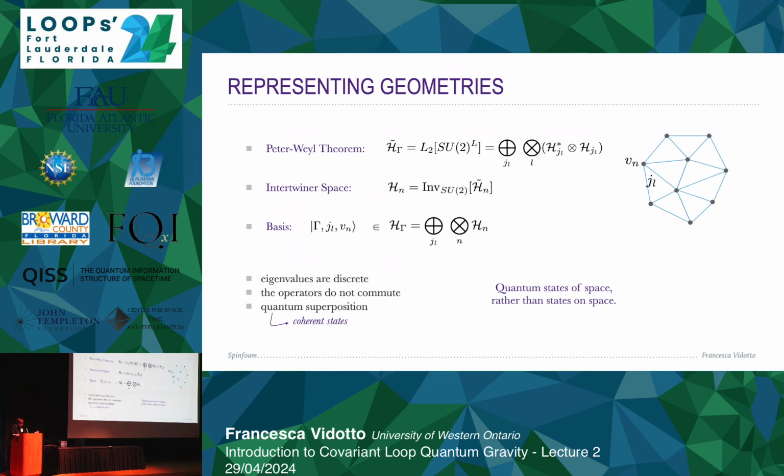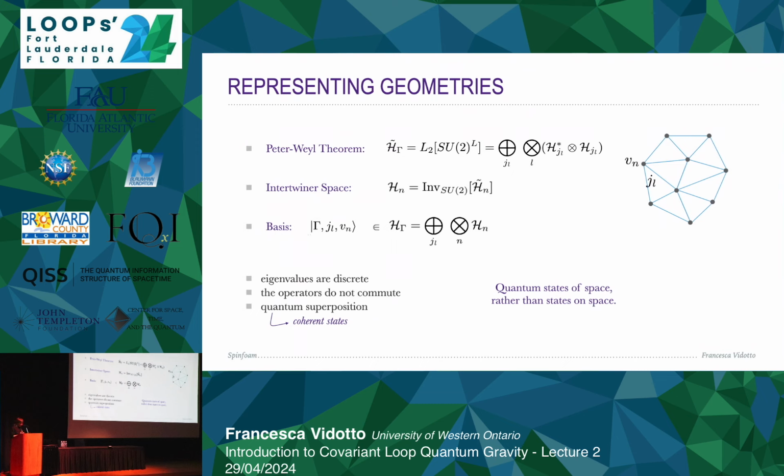So I have this intertwiner space, and in this intertwiner space, finally, I can define my spin network basis. It's this state that you see here that is characterized by three quantities. For each state, I have to define which auxiliary graph I'm using. This is my gamma.